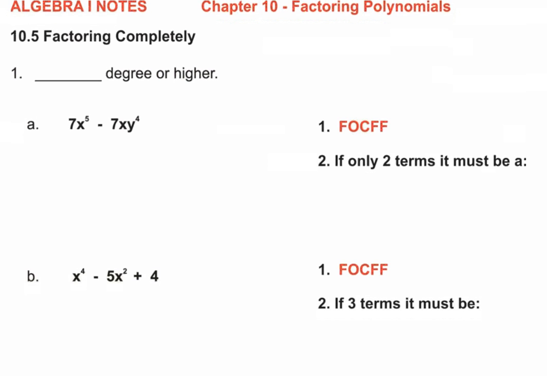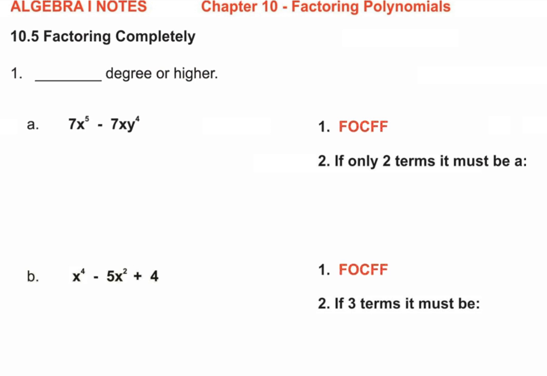All right. So the last lesson of this factoring chapter for us is factoring completely. Now here's the thing. There are a lot of different possibilities, and we have to be able to understand some principles so we can care for all the possibilities. I can't show you every possibility.